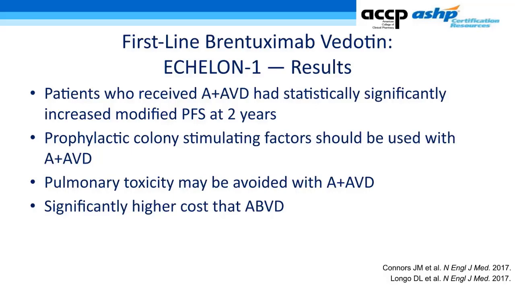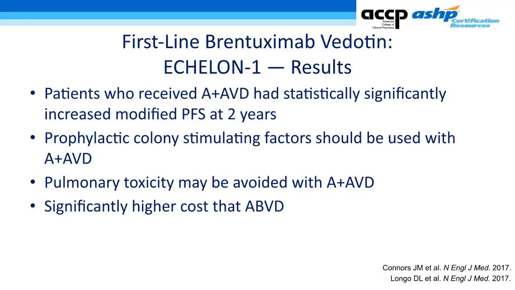Likewise, if you read the study very closely, during the study, they changed the criteria to require prophylactic colony-stimulating factors in the arm of A plus AVD. So that difference in febrile neutropenia was actually tempered by the fact that some of the patients received prophylactic colony-stimulating factors in the A plus AVD arm.